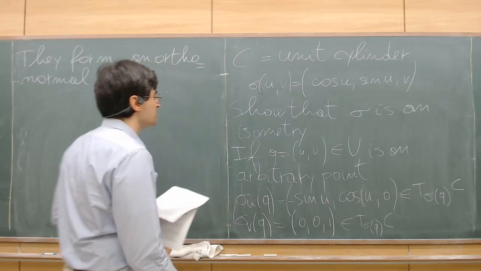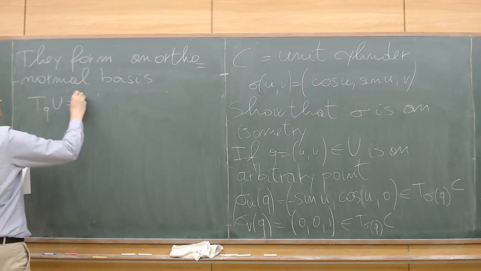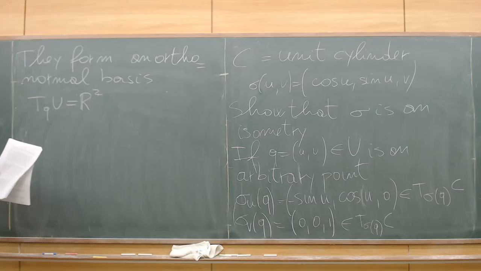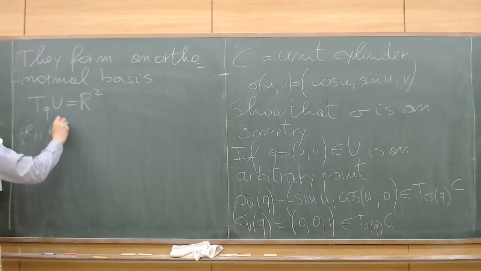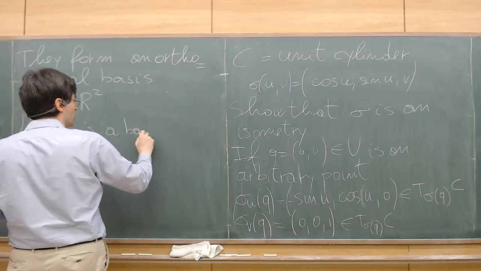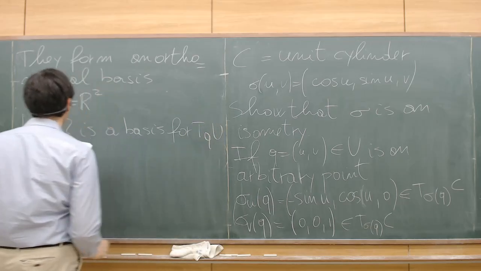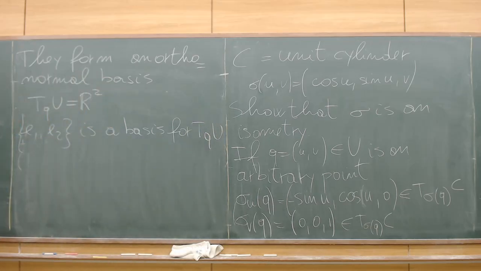So now let's look at T_q U. T_q U is R2. We proved this before, and its basis is given by e1, e2, where e1, e2 are the vectors (1,0), (0,1).